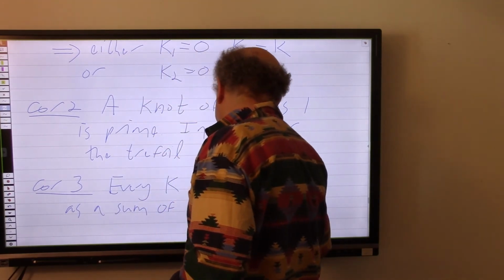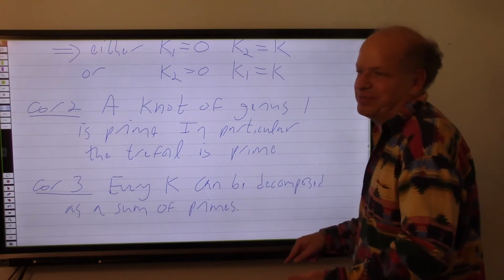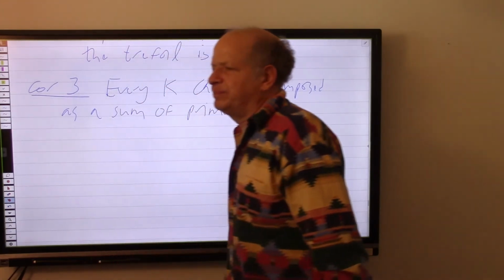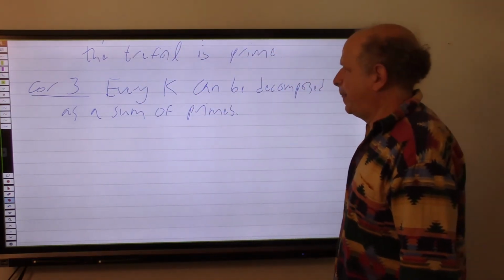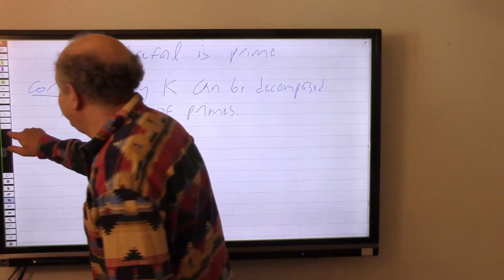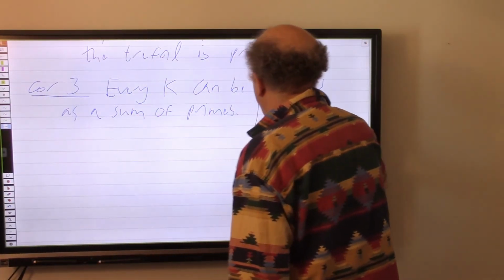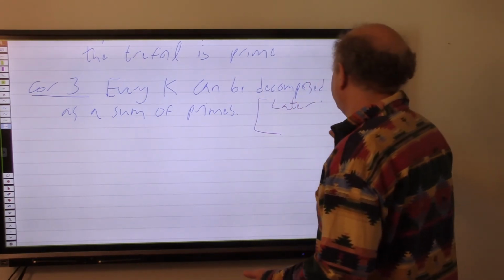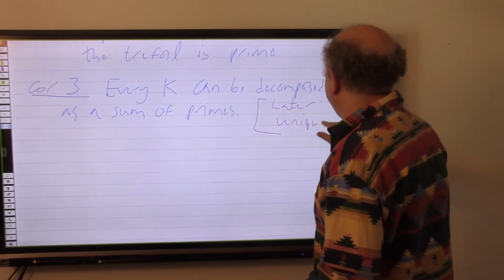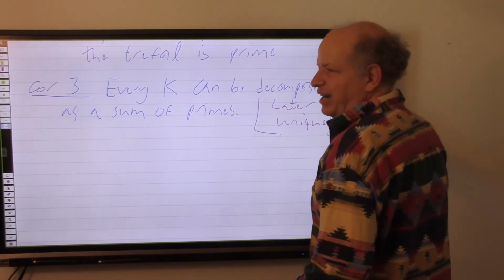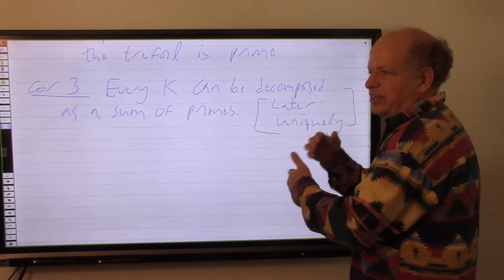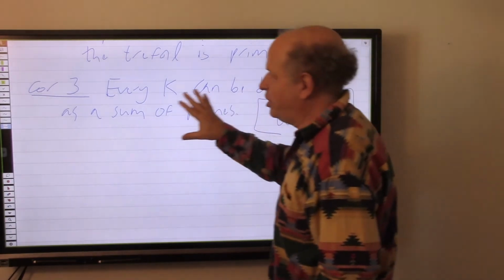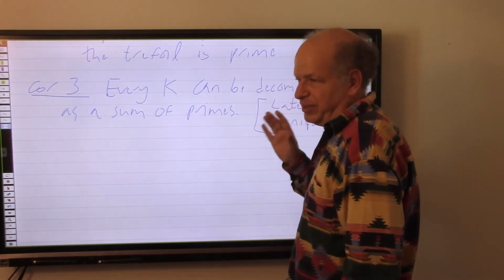I'm sorry for the notation, it really means product of primes, the analog of a product of primes. Later we will show, and this is a lot harder, that this decomposition is unique, just like the integers, up to reordering the factors. But for now we just show that it can be done.